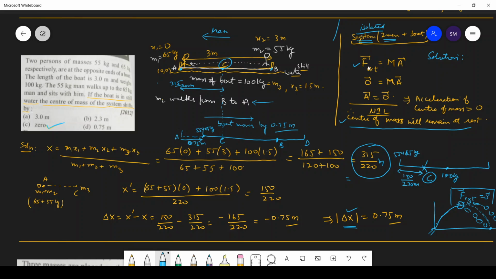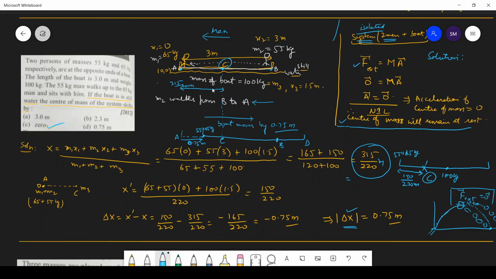Simply see one thing: is there any external force? If there is an external force, then only there is acceleration, and then only the state of the center of mass will change. If acceleration is 0, the center of mass will remain in the same state as earlier. Here the state is rest, so it will remain at the same position. You need not do these calculations. Okay, so these are the calculations.